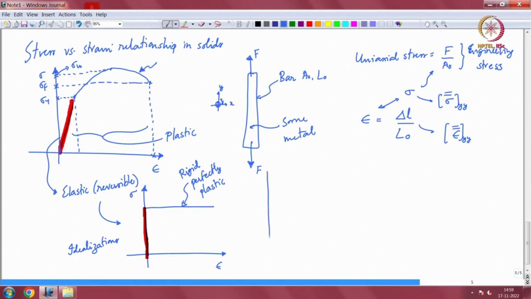At the other end of the spectrum you have a material that does not deform plastically enough, and that basically goes like this and breaks. Okay. So this is your sigma, this is your epsilon, this is the point at which breakage occurs. This is called a perfectly brittle material.